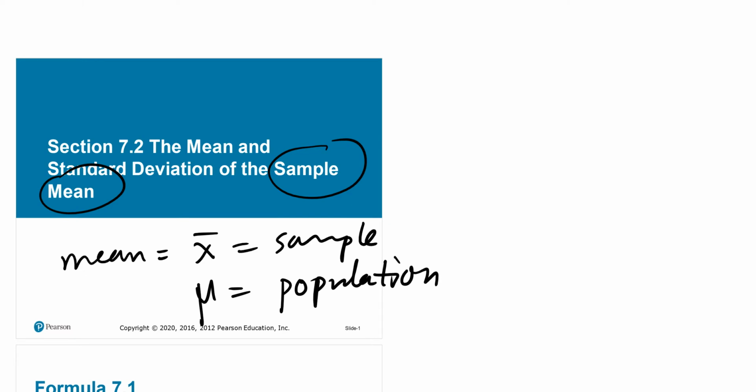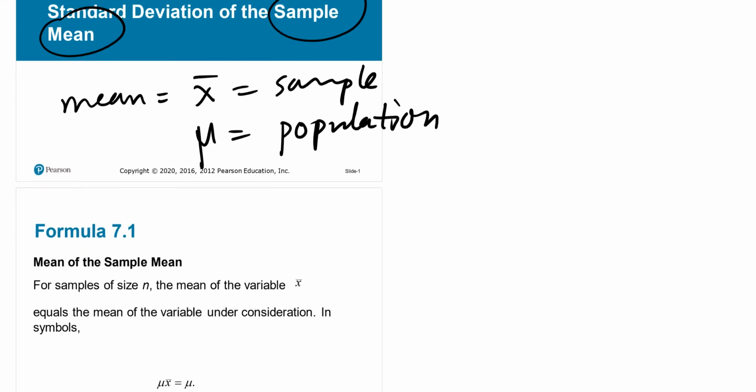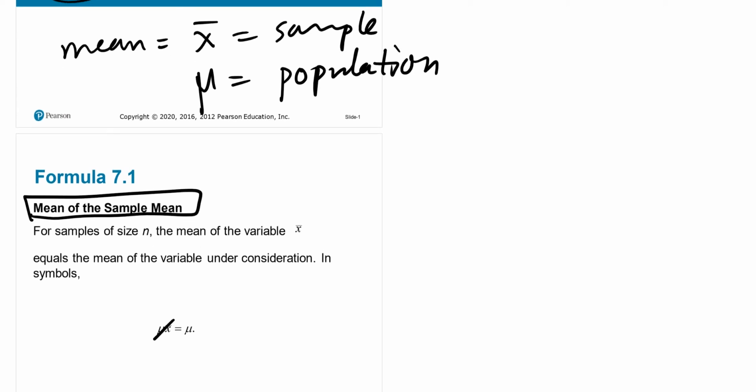So what we are going to do is first start by defining the mean of the sample mean. What is the mean for the sample mean? We usually write mu sub x bar to represent the mean for the sample mean.